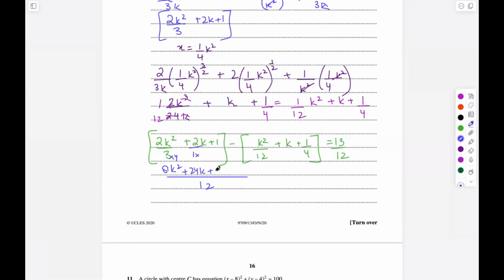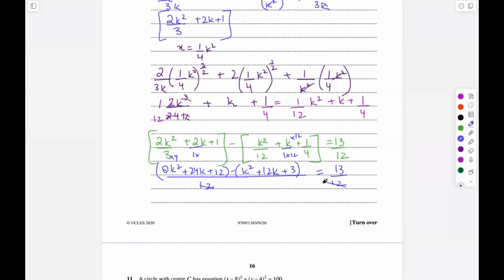This will also multiply by 12, so this will become 12, minus. So in the brackets, we will have k squared, which will remain as it is. Then k will multiply by 12, so we'll have plus 12k. And this will multiply by 3, so this will become plus 3, equals 13 upon 12.